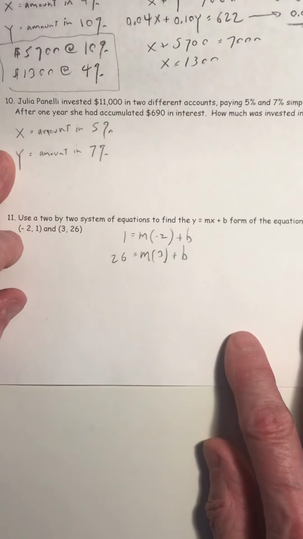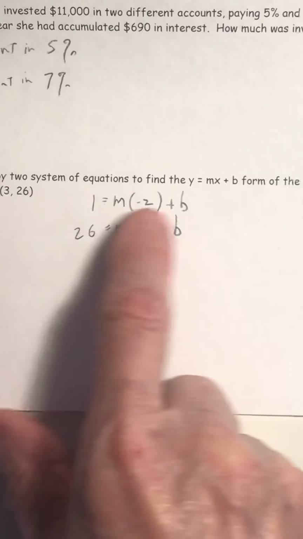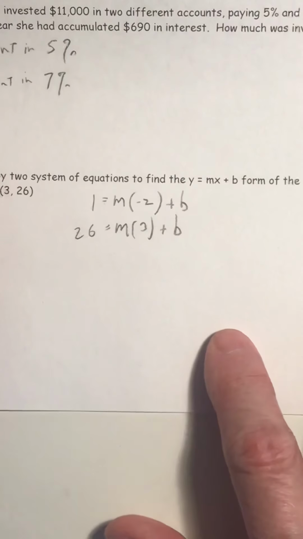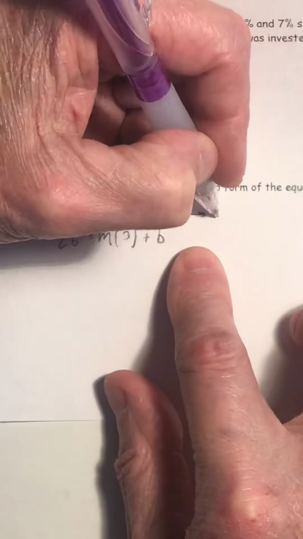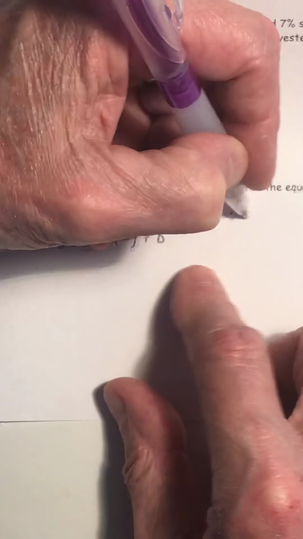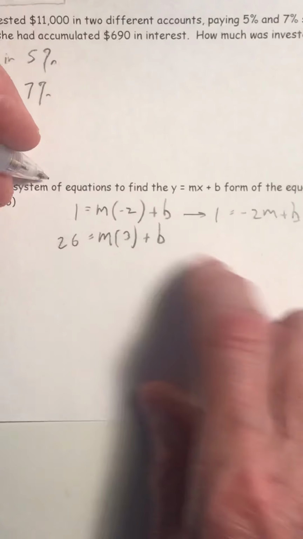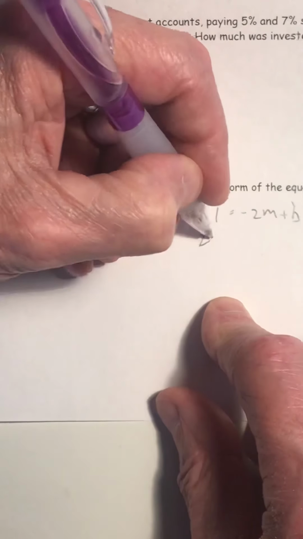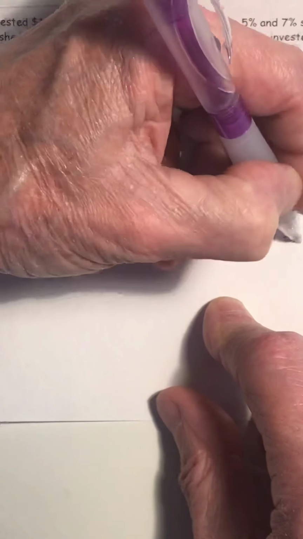Now, you might not notice it right away. However, what we have now is two equations with the same two variables, m and b. If I write this a little differently, I could write 1 equals negative 2m plus b instead of m times negative 2, and 26 equals 3m plus b.